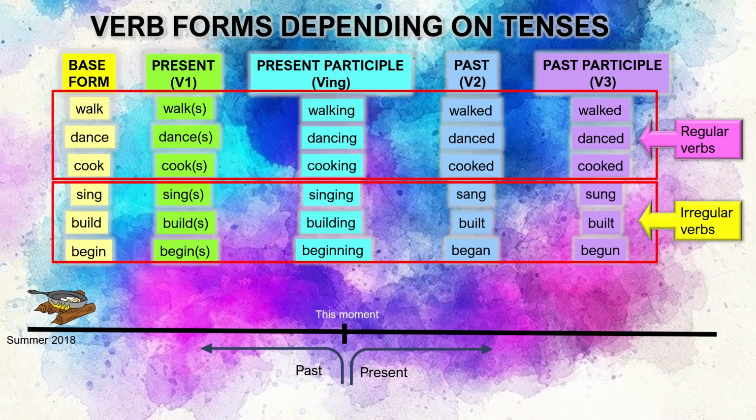And also, look, there is an event that occurred in summer 2018. If it happened in the past and finished in the past, you need to use verb 2, the past form of the verb. We cooked some sunny side eggs during the summer camp two years ago.